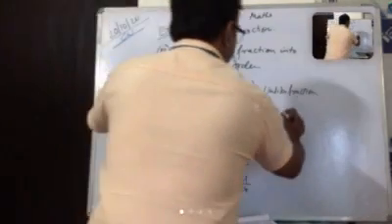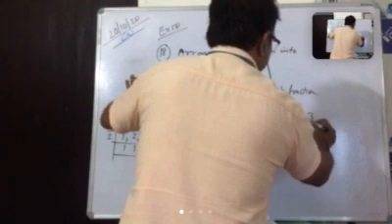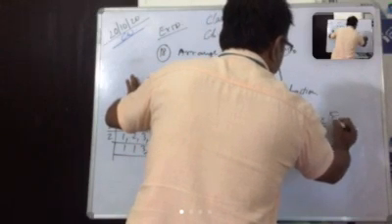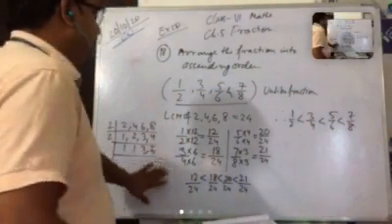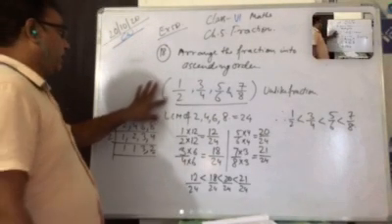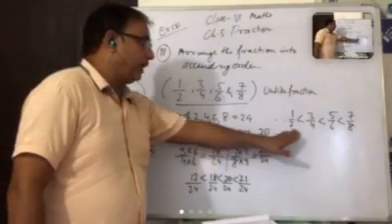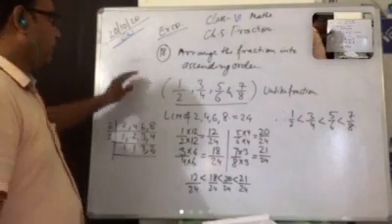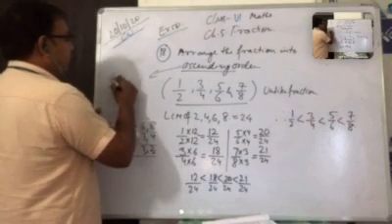Therefore, 1 upon 2 is less than 3 upon 4, is less than 5 upon 6, is less than 7 upon 8. This is the way to write the fractions in ascending order. You all know that ascending order means small to big.